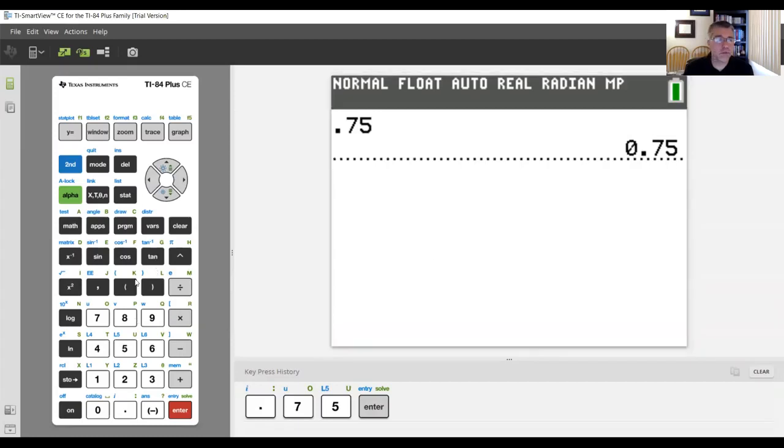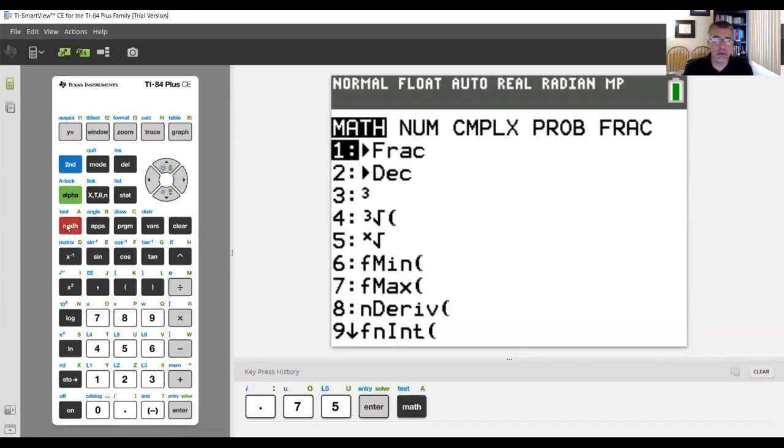And I'm going to now hit the math key, which is right below the green alpha key. And I'm going to change this from a decimal to a fraction. So the to fraction key is already highlighted here. So I'm going to take that value and we're going to make it into a fraction.